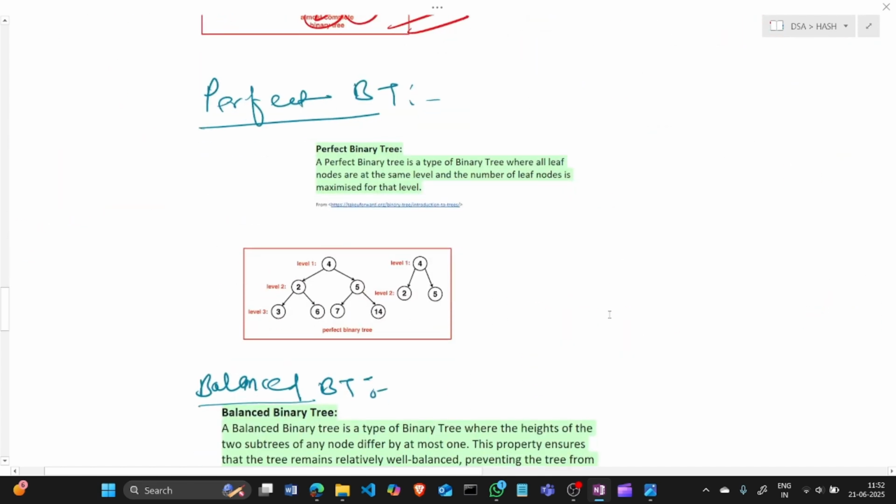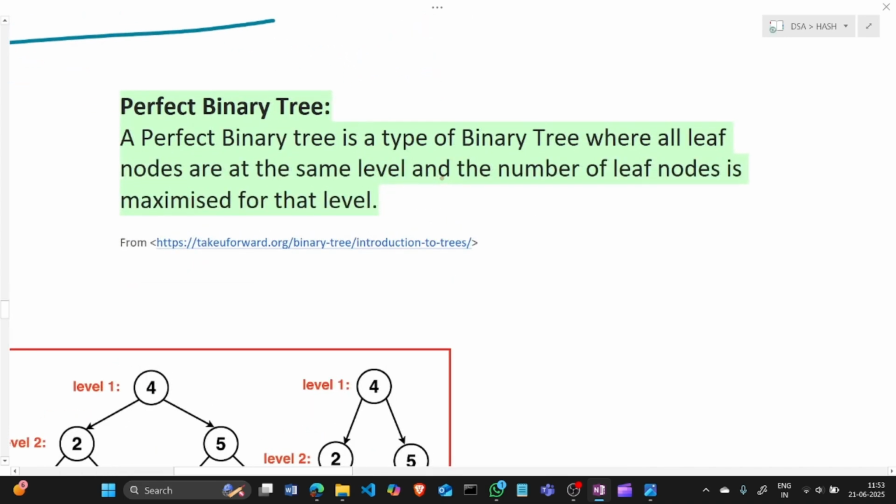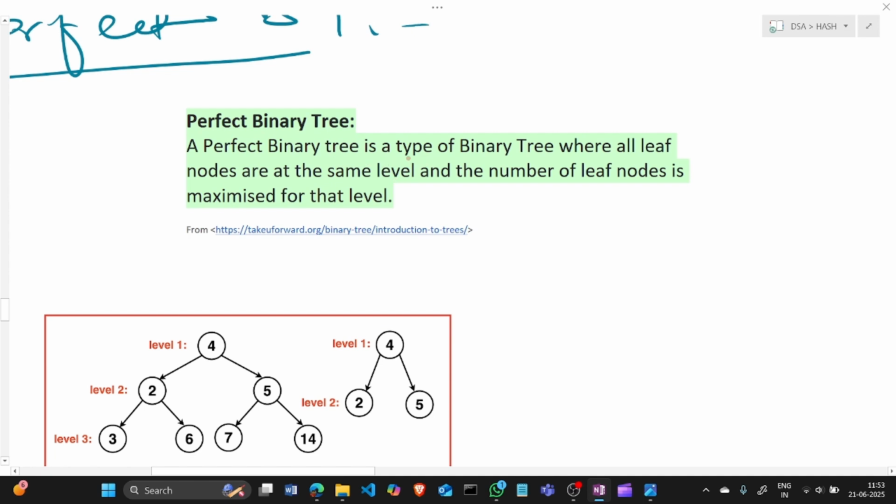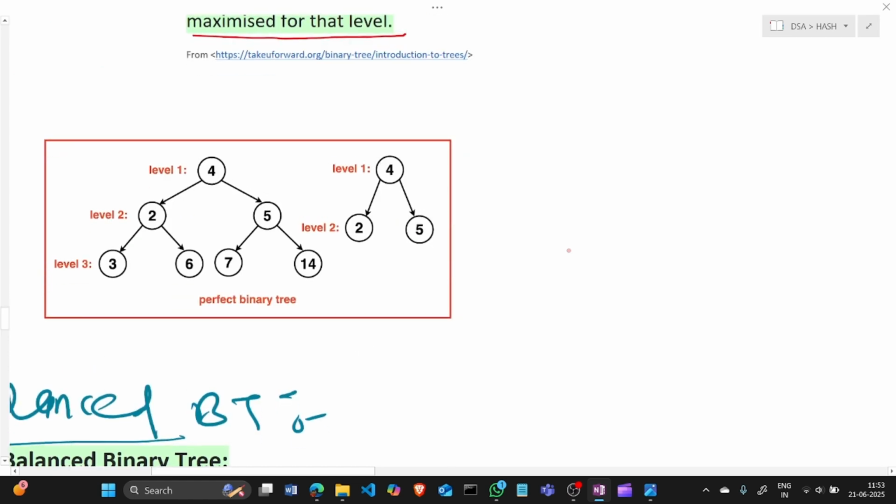Now, what does a perfect binary tree mean? A perfect binary tree is a type of binary tree where all the leaf nodes are at the same level, and the number of leaf nodes is maximized for that level. So it means all the leaf nodes are at the same level, and the tree is filled with the maximum leaf nodes.